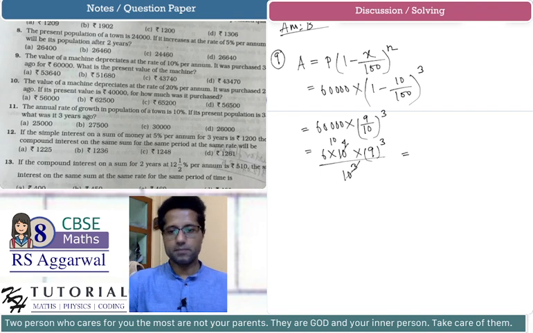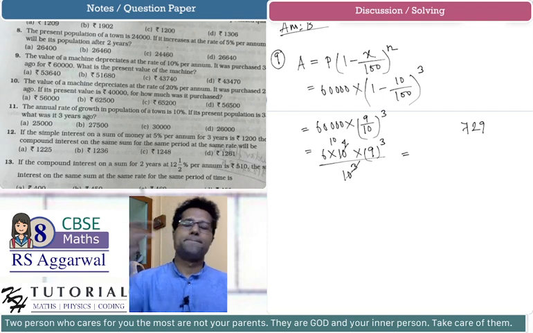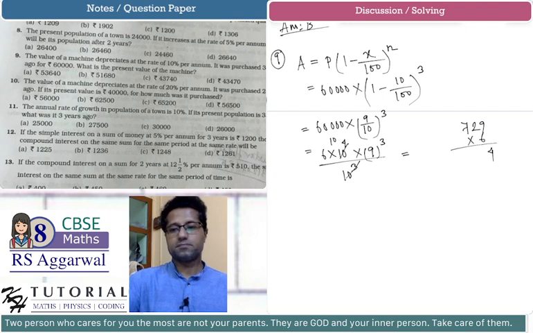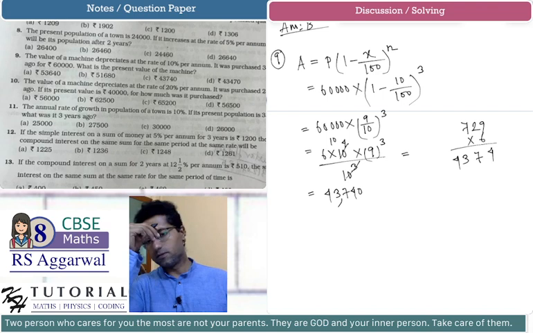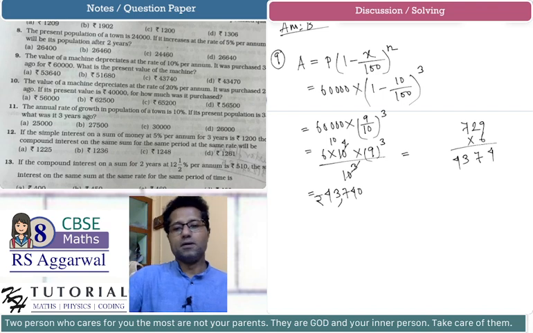So what is 9 cube? 9 cube is 729, and multiplied by 6, that is 4, 3, 7, 4, 0. 43,740 will be the value of the machine currently. So the correct choice is C.